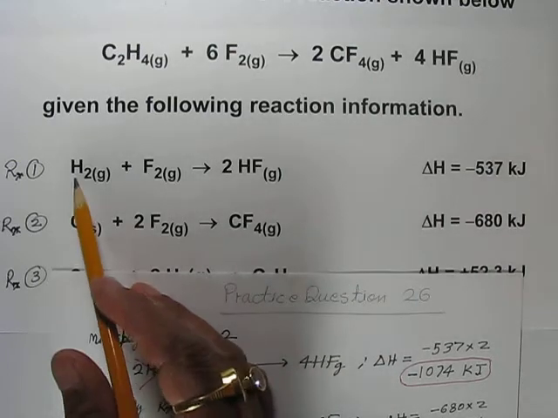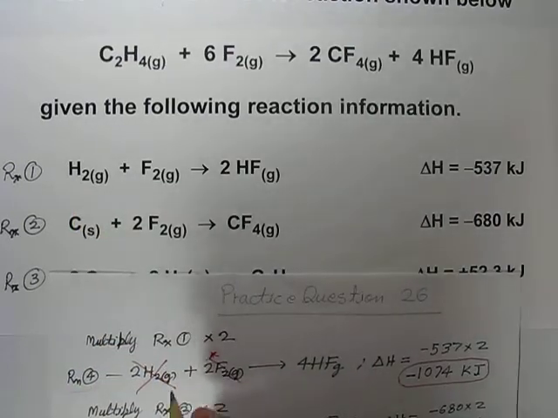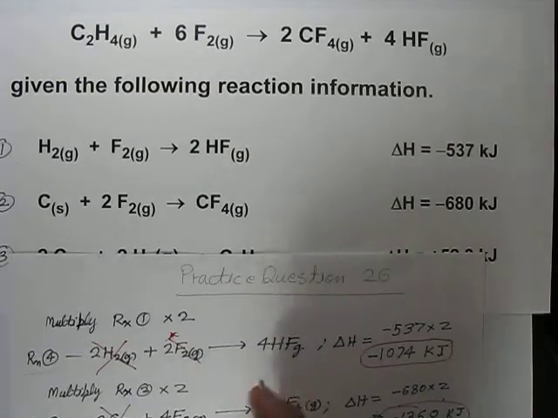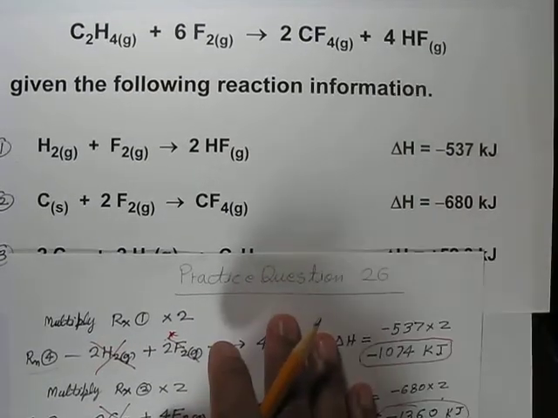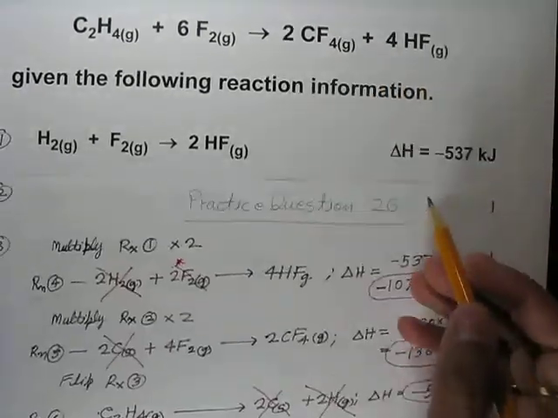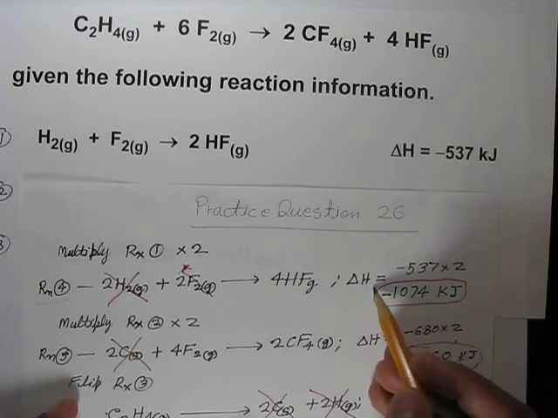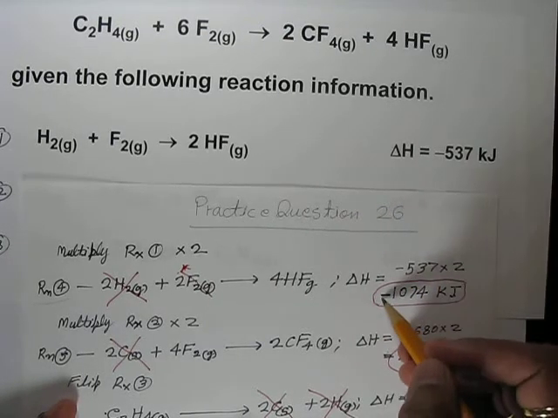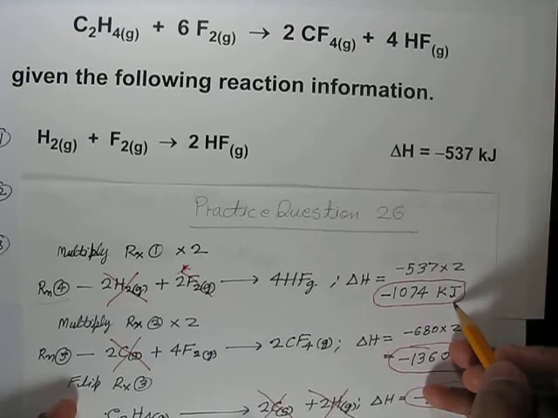So the 1 H2 gas will become 2 H2 plus 2 fluorine F2 and then 4 HF gas. At the same time, don't forget to multiply the delta H also. So delta H minus 537 multiplied by 2 will be equal to minus 1074 kilojoule.